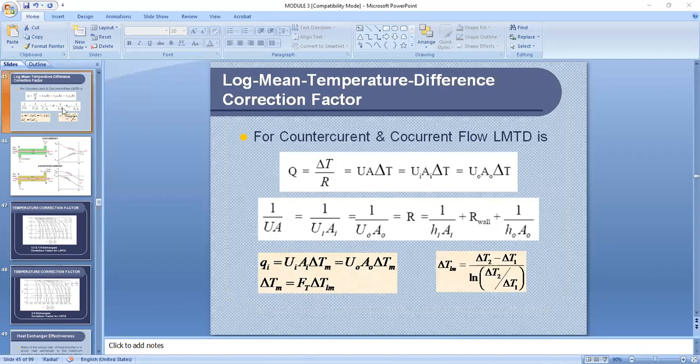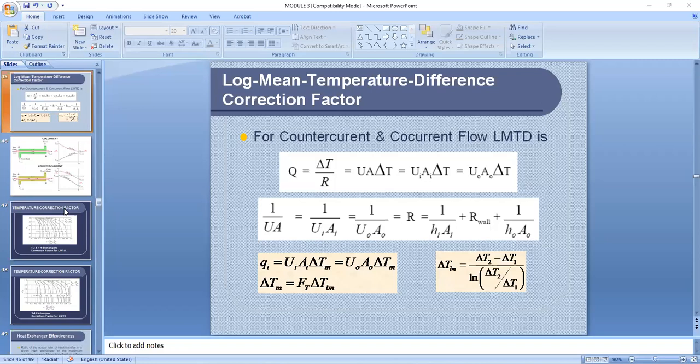What is very important for you to remember is that this method of determining the Q will only work if all 4 temperatures are known. I'm referring to the temperatures of the hot fluid, inlet and outlet, and the same thing with the temperatures of the cold fluid, inlet and outlet.